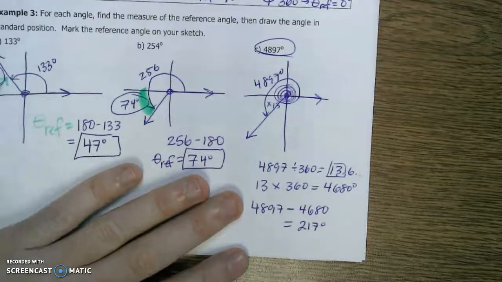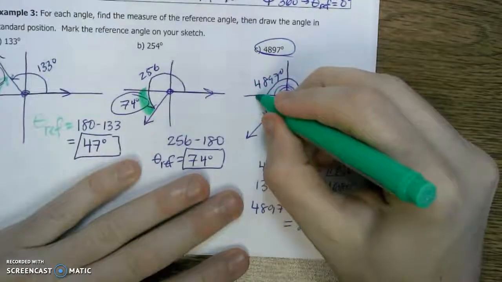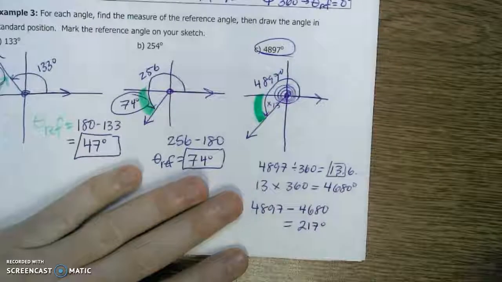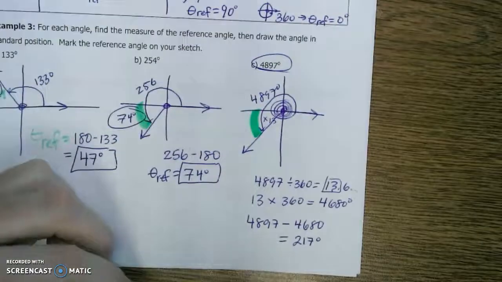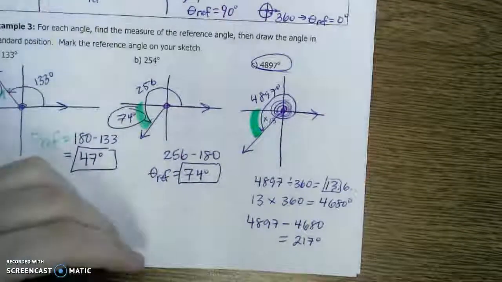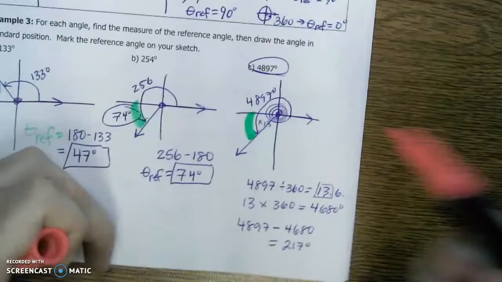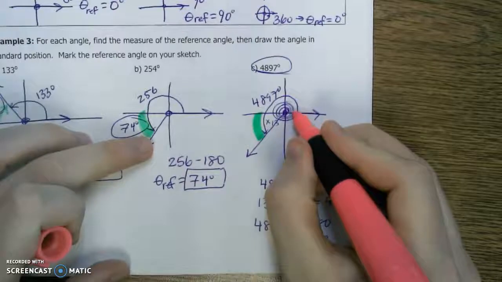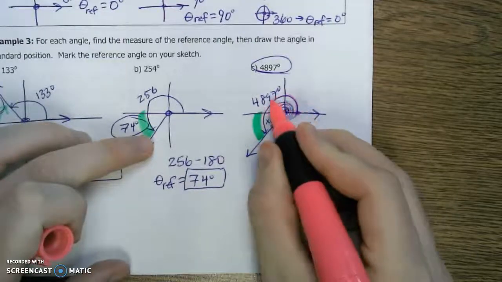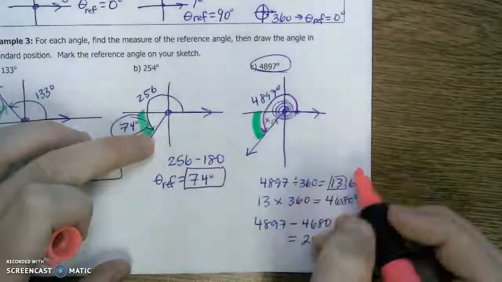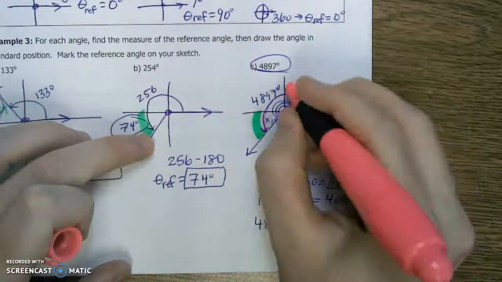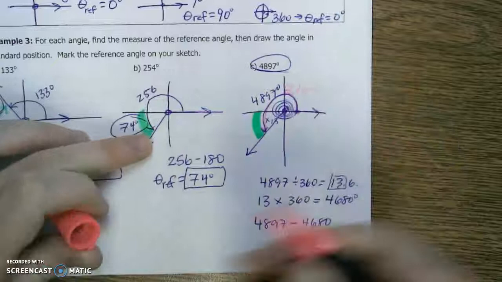Now we want to find our reference angle. So we want to find this distance here. Let's think about what is coterminal with 4,897. 4,897 is the same as if you were to start here and end there, instead of going the 13 times around, and that angle is 217.